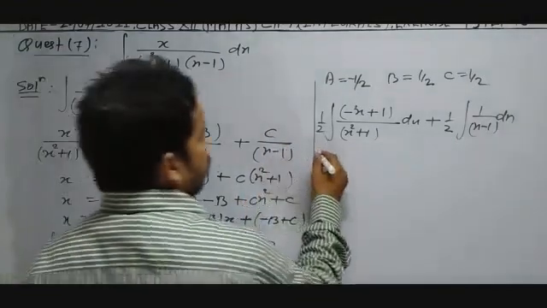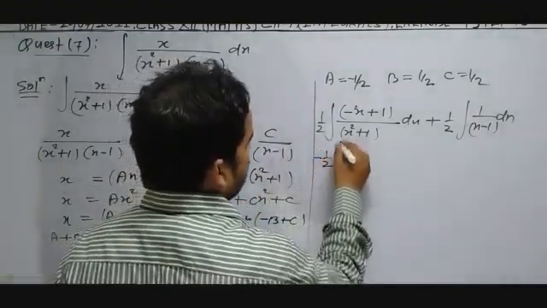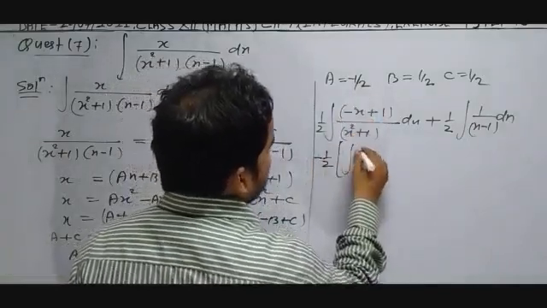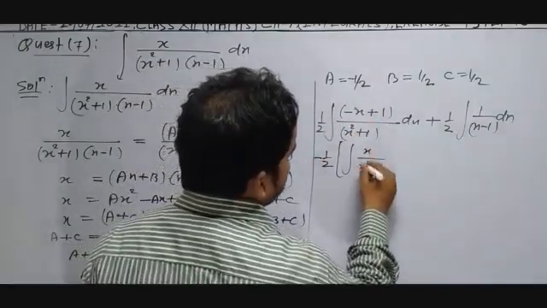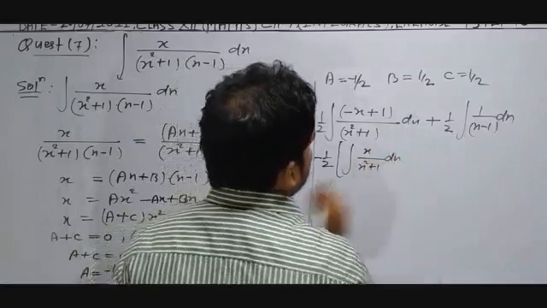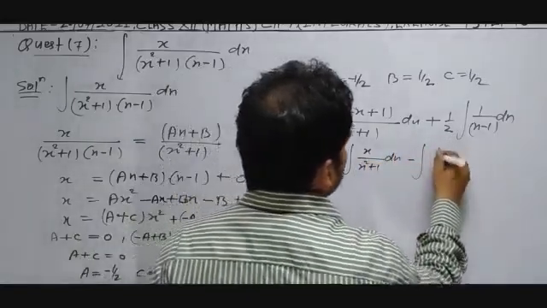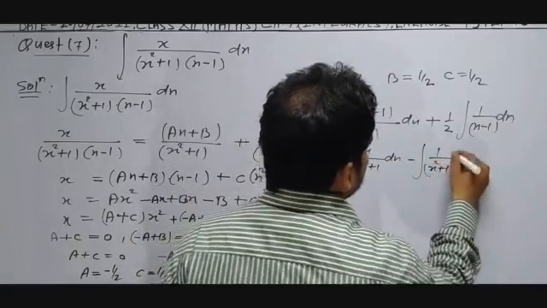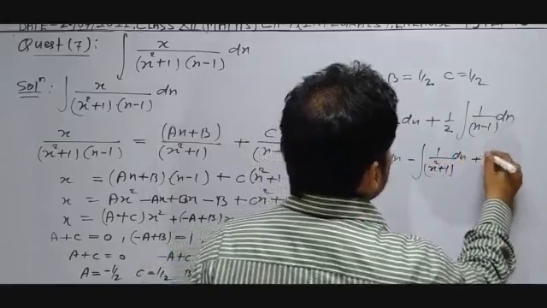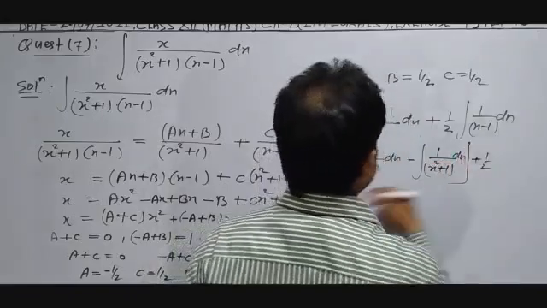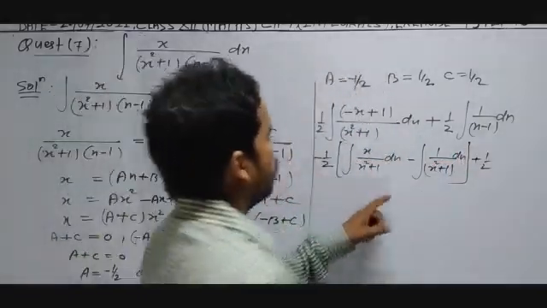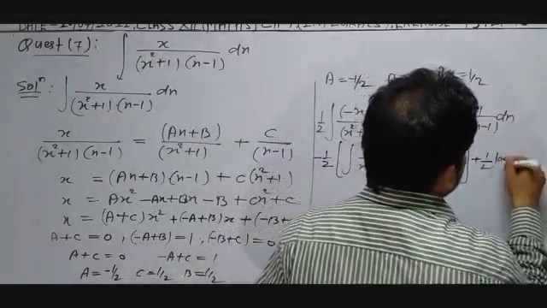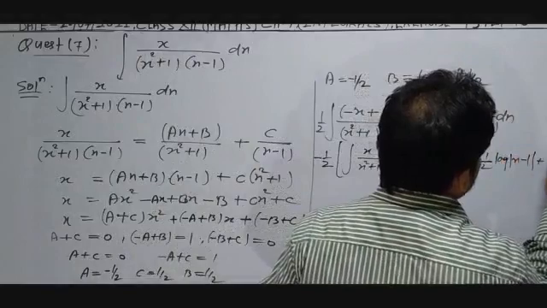We can write the minus sign common and take it outside the integral: integration of x upon x square plus 1 dx, and now minus 1 upon x square plus 1 dx, with 1 by 2 times. Minus 1 by 2 is common for this term, and for 1 by 2 the integration is log of mod of x minus 1 plus c.